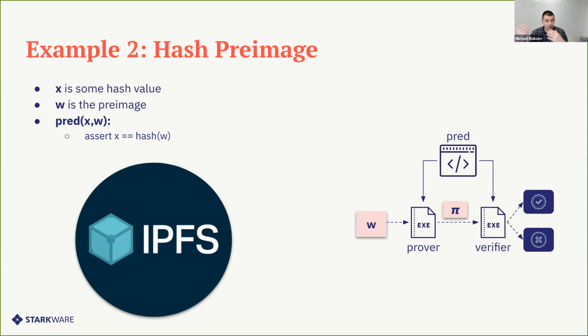It could be a file, maybe a big movie or something like that, and it asserts that the hash of the private input is indeed the known input X. Notice that the verifier in this case only sees X. It does not know what W is. And in some cases, given the proof, it cannot learn anything about the witness W. This is the case of a zero knowledge proof, and we will see it in a few slides.